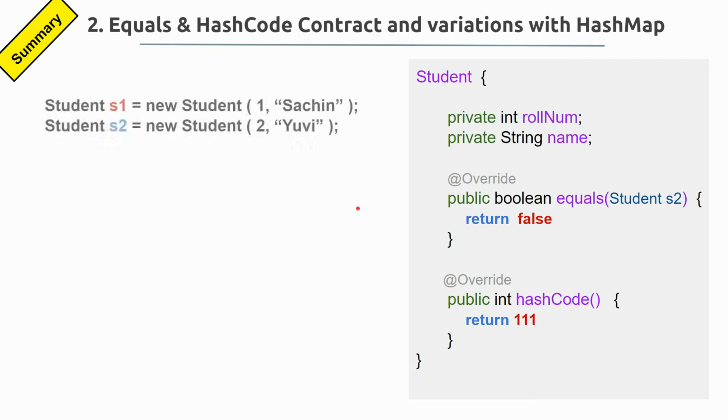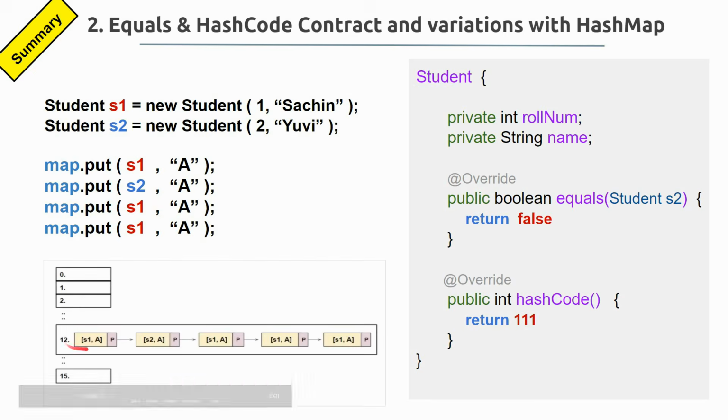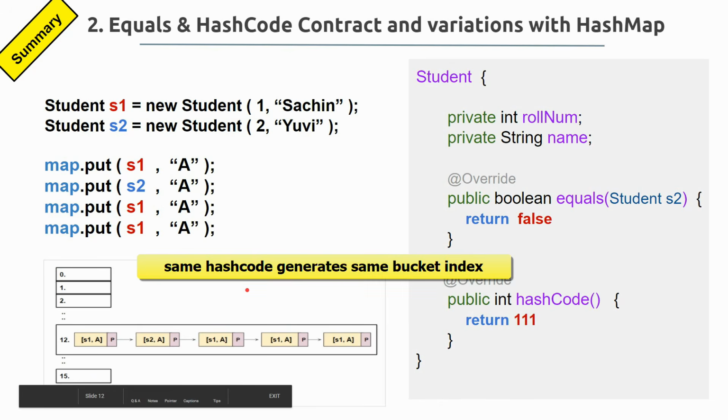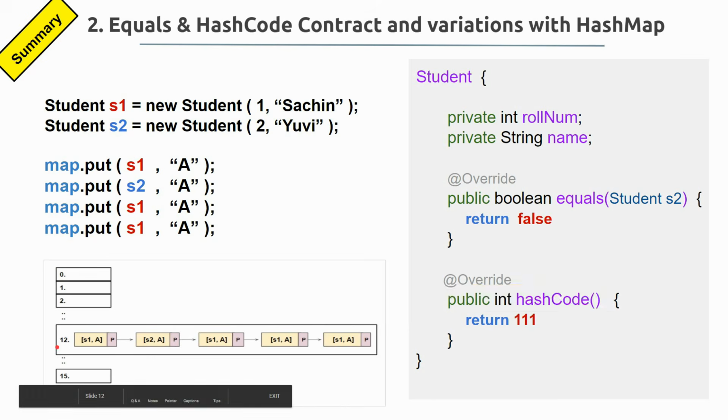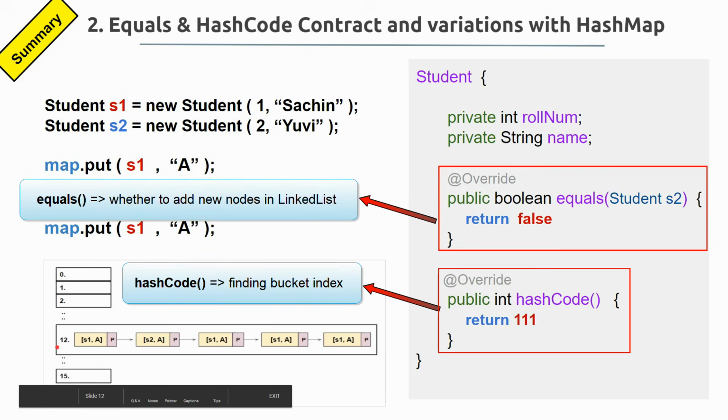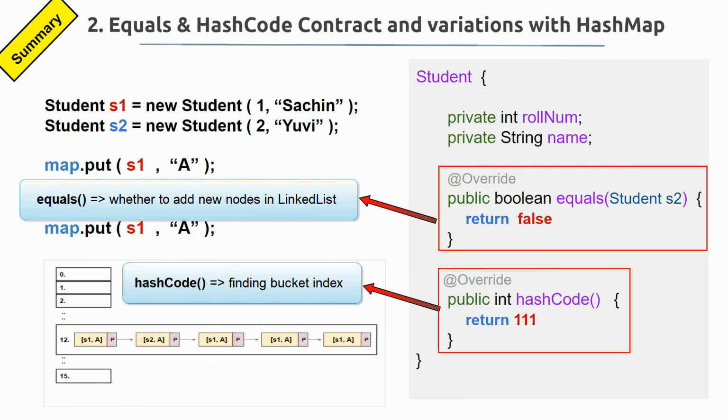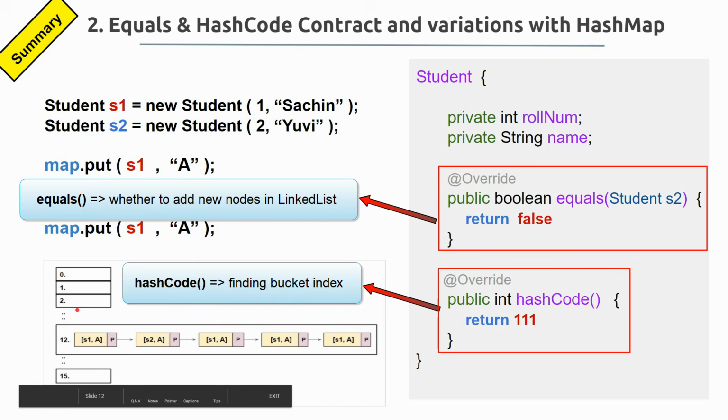The answer is all the objects will be added to the same bucket as new nodes, because from the same hashcode we will get the same bucket index, right? And because our equals method is always returning false, they will be added as new nodes to the linked list. So I guess now you have an idea of the equals and hashcode methods and their contract, along with this weird example that is always asked in interviews.